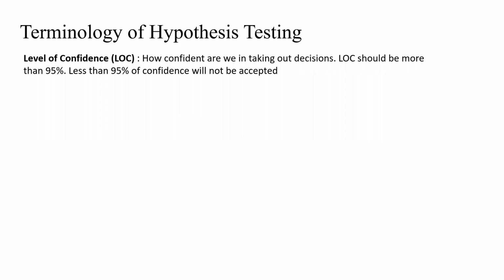But what is the confidence with which you are telling that? Let's say, for a general example, if I take 100 samples, what is the percentage of times that this null hypothesis will be true?